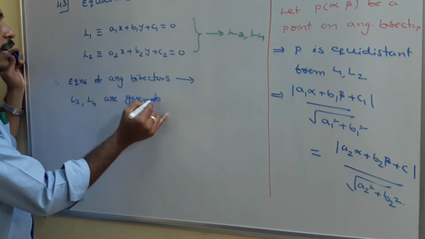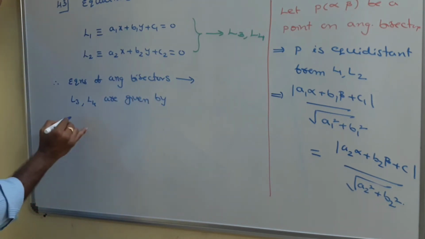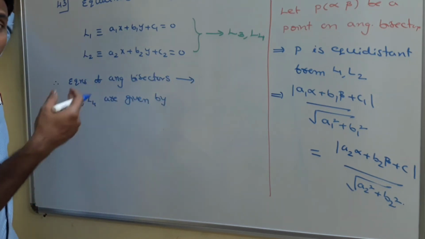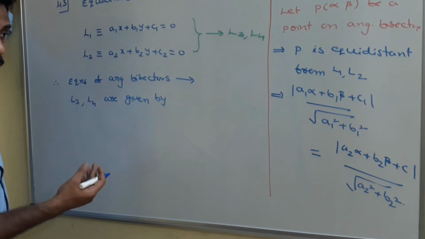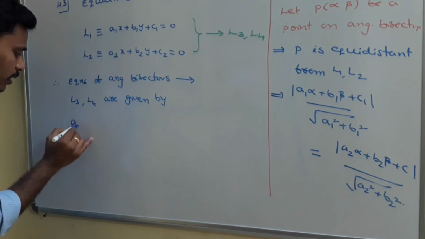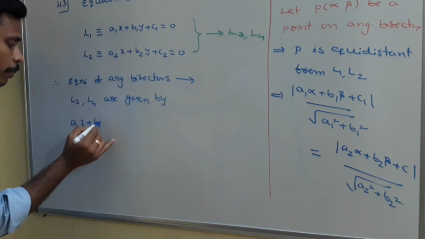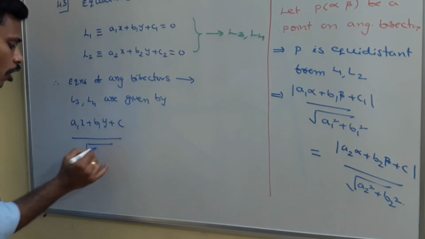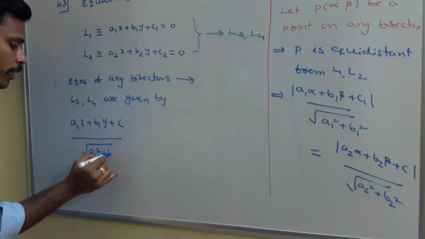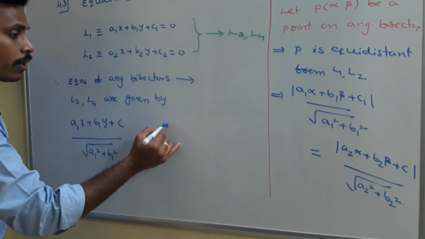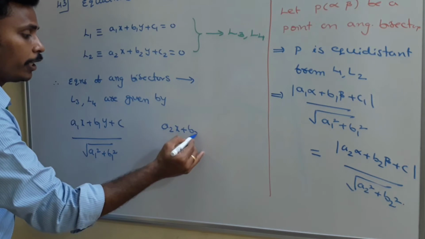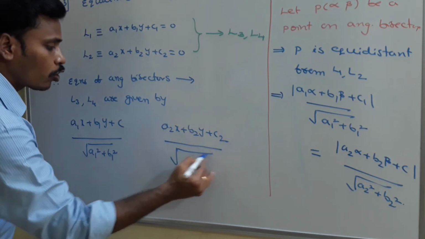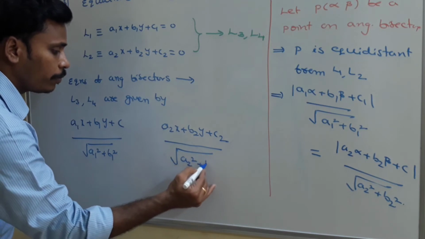We need to find L3 and L4, and those equations are given by this, with modulus. In place of alpha beta, in generalization, we replace x and y, and you get a1 x plus b1 y plus c1 divided by root of a1 square plus b1 square, and on this side a2 x plus b2 y plus c2 divided by root of a2 square plus b2 square.